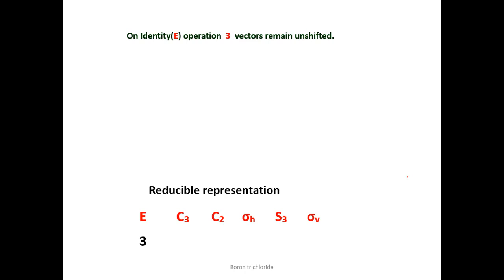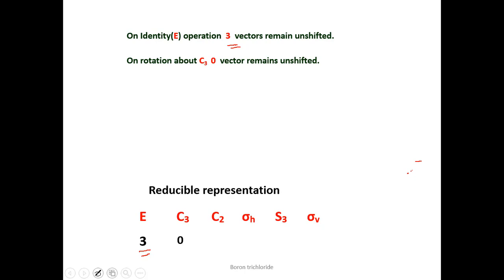On identity operation, how many vectors remain unshifted? 3 vectors remain unshifted, and that is why you write the character of reducible representation as 3. So what is the character of reducible representation in this case? The number of unshifted vectors during an operation.